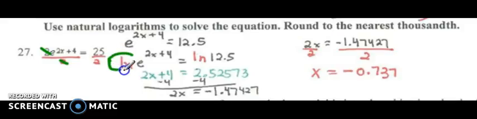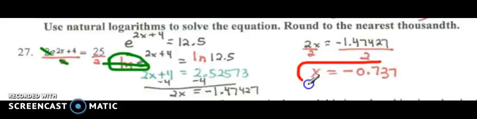This is 1, so this cancels out. That cancels out. So that's how I got 2x plus 4 equals the natural log of 12.5. Put that on your calculator. That's what you get. I want to get x by itself, so I'm going to go minus 4. Then I'm going to divide by 2. That's what I got. Check it on your calculator.